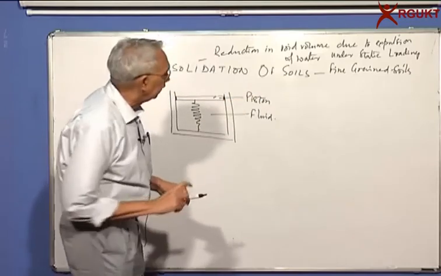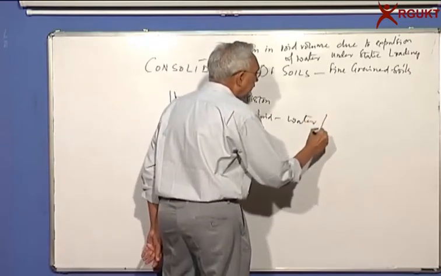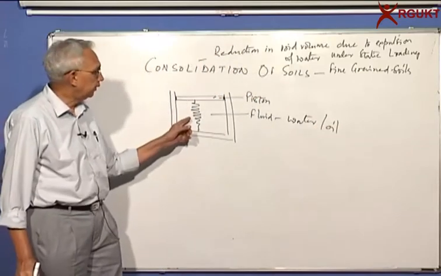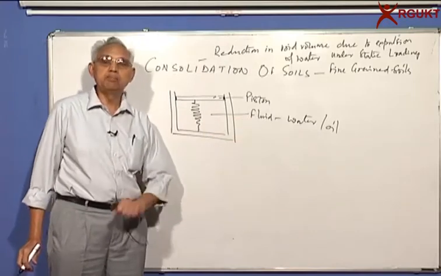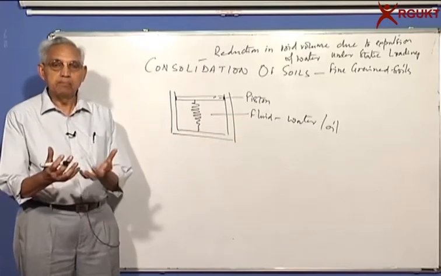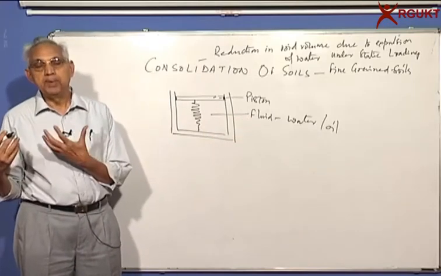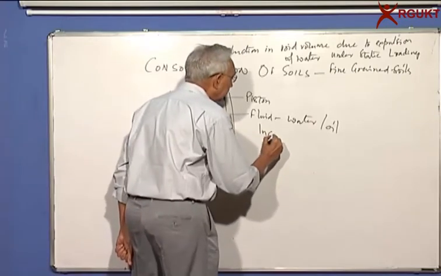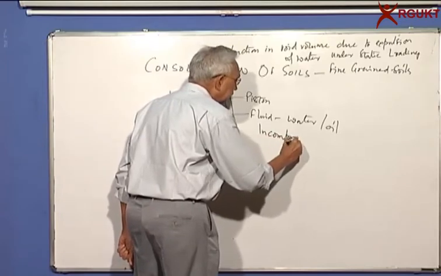This fluid could be water, oil, whatever it is. You agree, compared to the spring, the fluid is incompressible. You cannot compress fluids because they are made of molecules very close to each other. So I can say this is incompressible fluid.